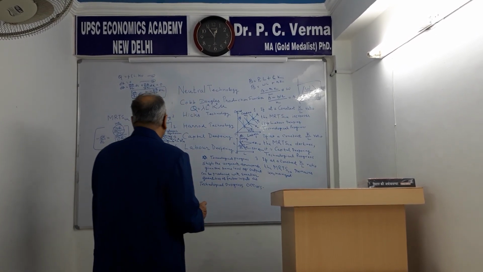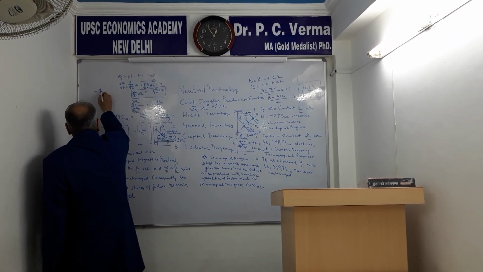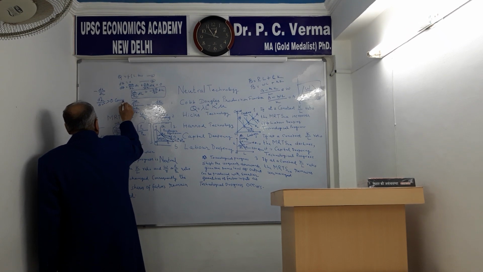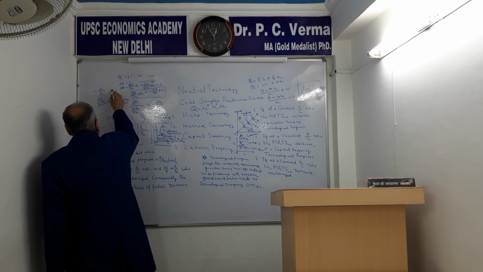And again, minus dK by dL you have written, and then write d square K by dL square greater than 0. This is the convexity condition of Cobb-Douglas production function.